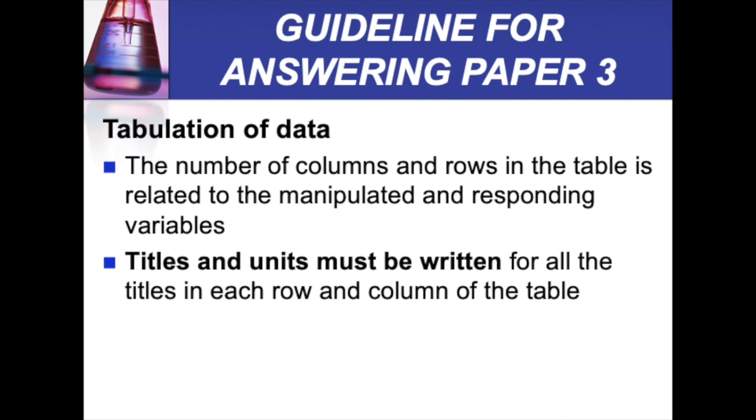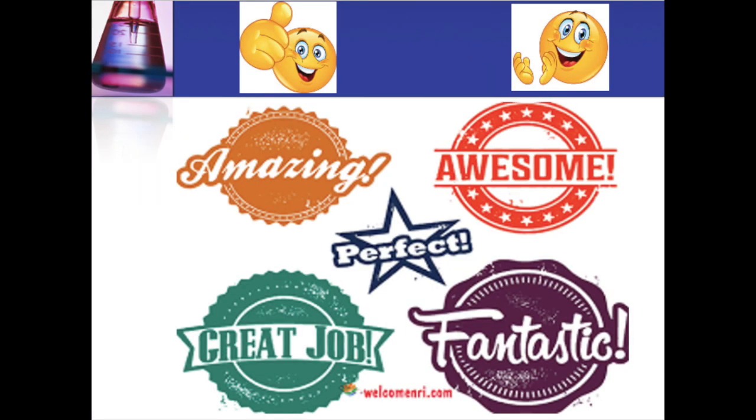And the second column will be our responding variable. If we are talking about observation, there will be no unit. But when we are doing a measurement by using a device, make sure you put in the correct unit. Then only will you get the full mark for your tabulation of data.